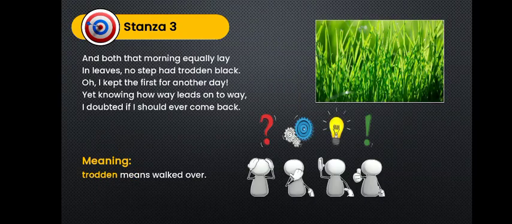Yet knowing how way leads to way, I doubted if I should ever come back. And in these last two lines, he says that he has doubt if he could ever come back to travel the second path. Yes, we know there is no possibility of coming back if you make a decision.